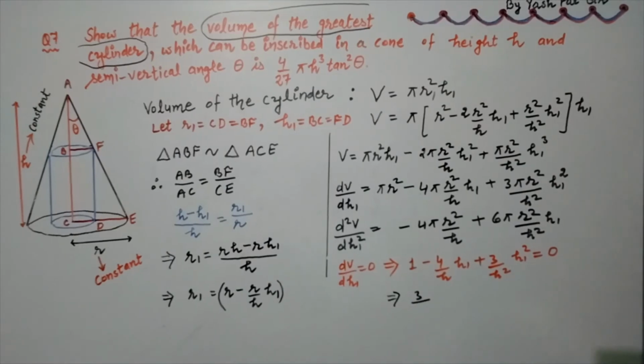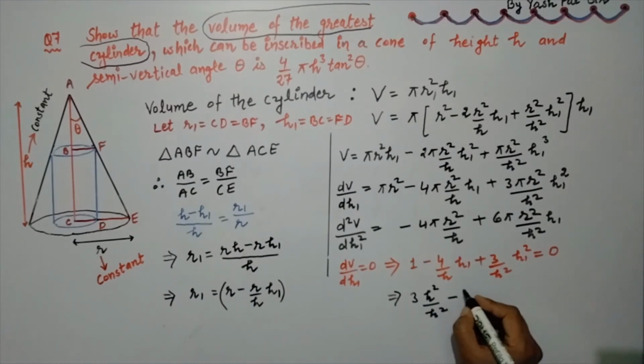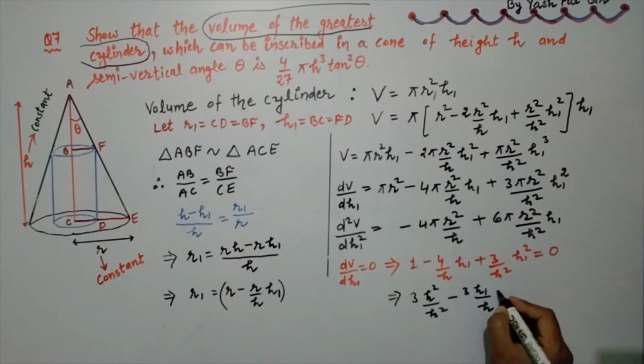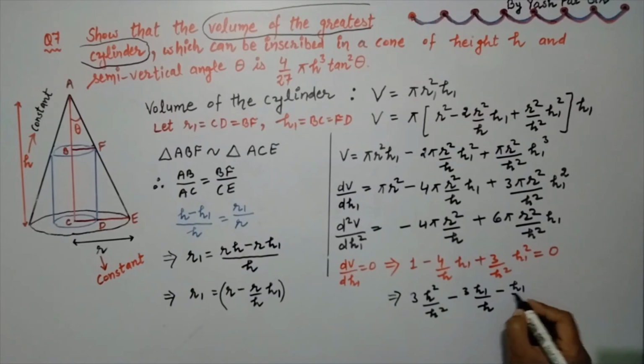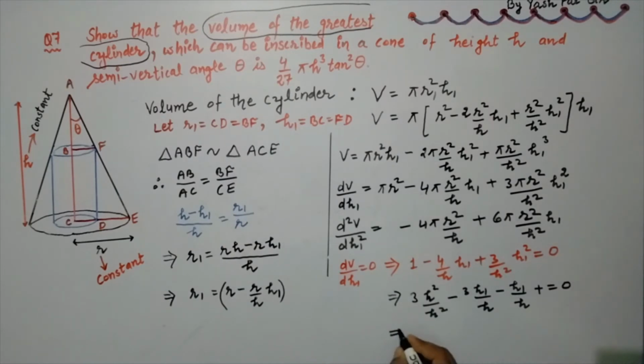This implies 3 H1 square upon H square minus 3H1 upon H minus H1 upon H plus 1 equal to 0.